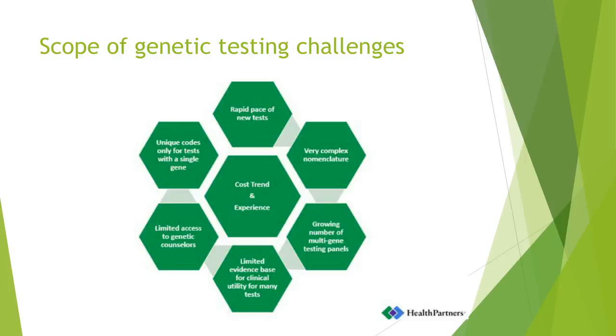There's a growing number of multi-gene testing panels that are available on the market. Often there's limited evidence of clinical utility for these things. There, more and more, interestingly enough, is limited access to genetic counselors. We're seeing that in parts of the Minneapolis-St. Paul area, where access to genetic counselors isn't nearly what it should be. And then you have unique coding that goes with all of this, which makes the billing of it very complex. But it all leads to the cost and the experience that we have with genetic testing.